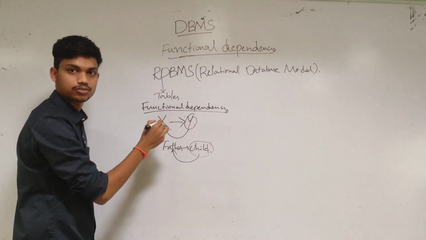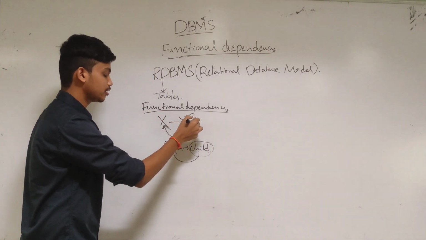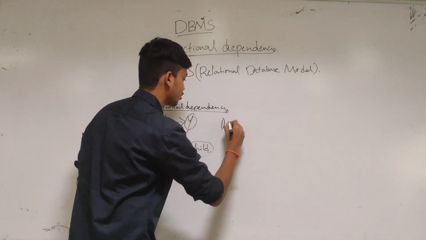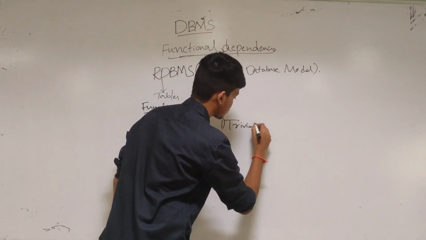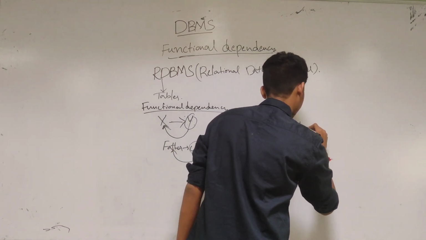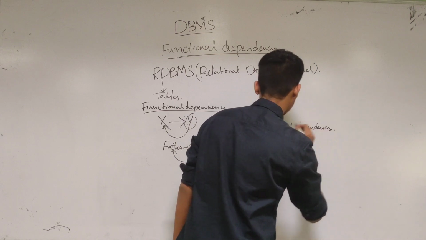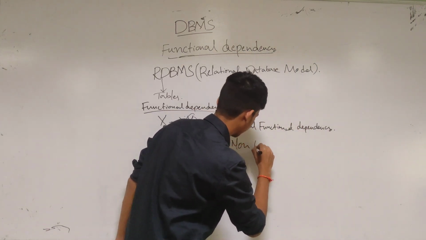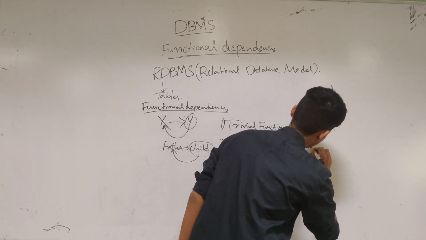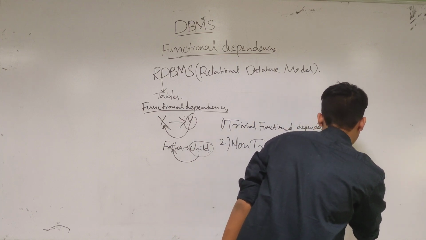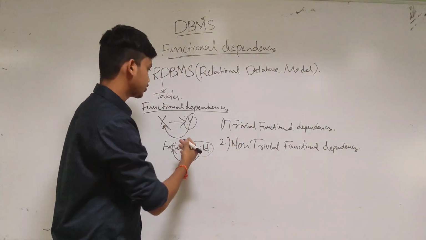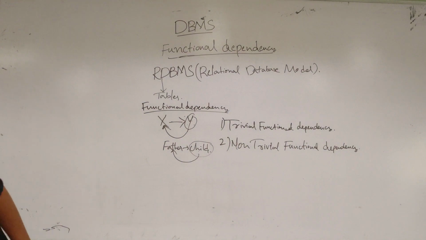The same way here also, X tends to Y means Y is functionally dependent on X. Now these functional dependencies are of two types: trivial functional dependency and non-trivial functional dependency.